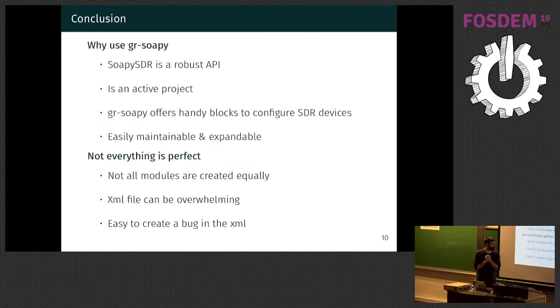So, we don't say that everything is perfect with GrSoapy. One problem is that not all modules are exactly the same. For example, when I was adding the arguments field, some modules were reading them only when they are making the device, and some others were reading them also when they set up the stream.